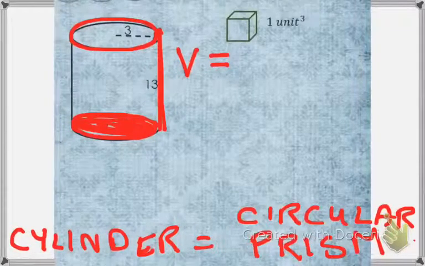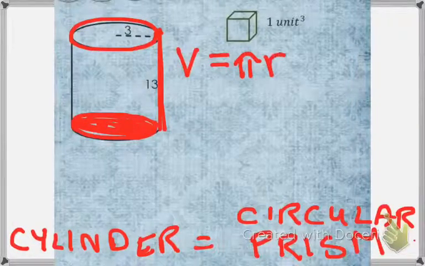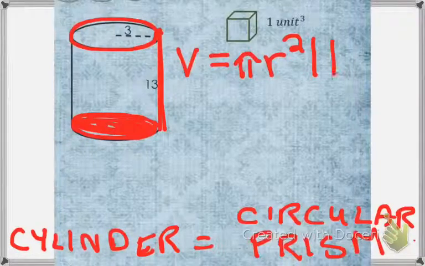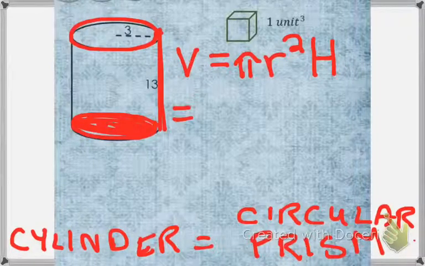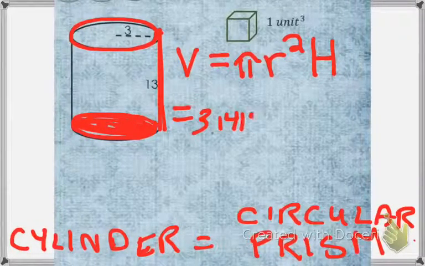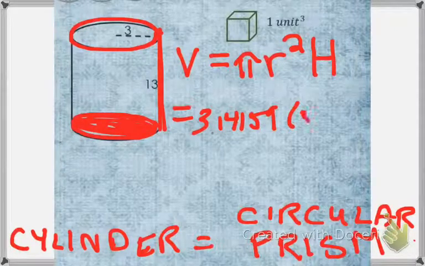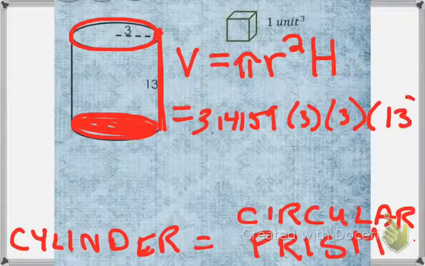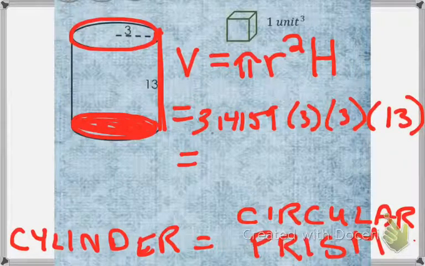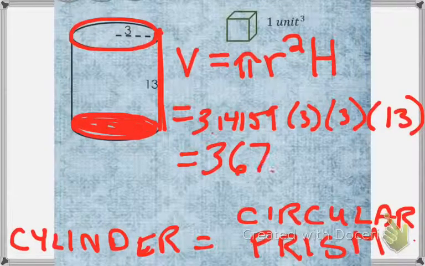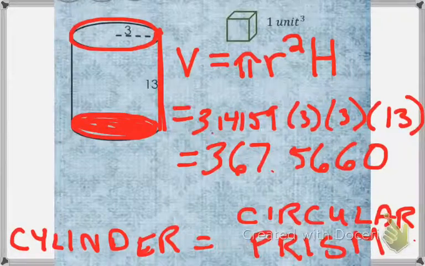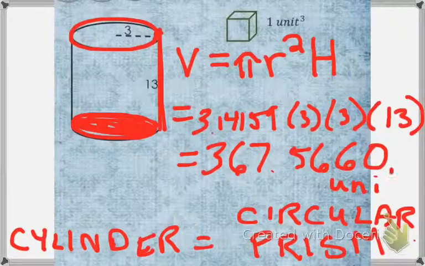Area of the base is pi r squared since it's a circle, and we're going to multiply by the height of the cylinder. So 3.14159 times my radius squared times the height of the whole thing is going to give us 367.5660, and they don't give me units, so I'm going to say units.